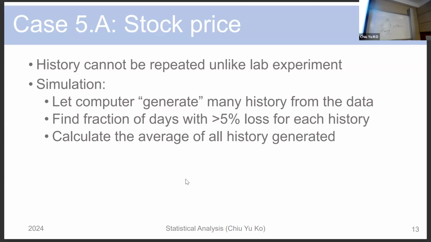Then you can calculate how accurate the data is. You create the parallel universes by computer, and because of the many universes, you can see how the sample mean is distributed. But don't worry, we'll talk about this method in the next class.